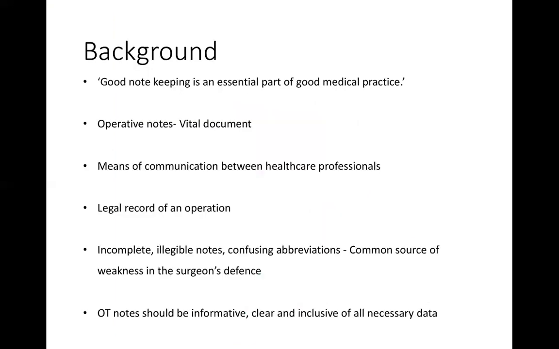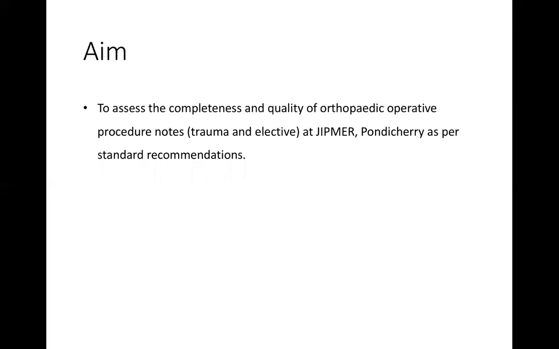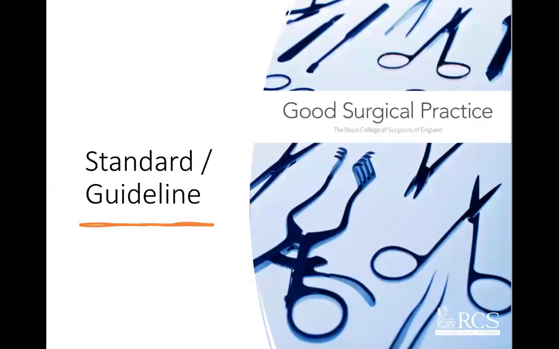So now coming back to the audit which we had done when I was in India, it was basically to look at the completeness and quality of the operative procedure notes which we had in our department at the institution that I was working. So, what is the standard or guideline that we audited against?